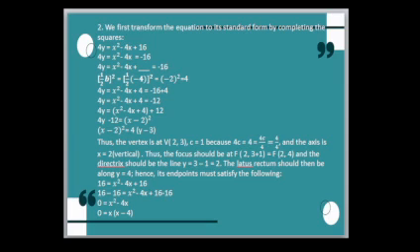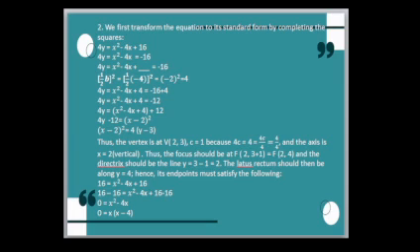To complete the square and make it a perfect square polynomial, we also need to add -16. So -16 plus 4 is -12, and we transpose that -12 to the other side. So we have 4y plus 12 is equal to x squared minus 4x plus 4.